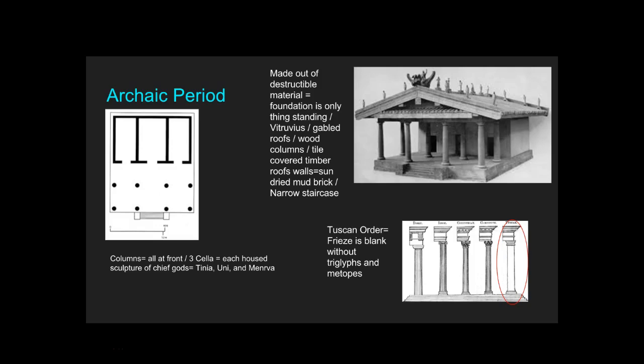So in this period, we see a lot of Etruscan gods that very much mimic the Grecian gods, but they're just named differently. So we have Minerva, who is Athena, and one of our artifacts is the Minerva Temple.